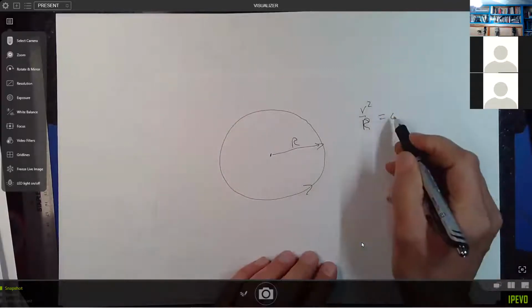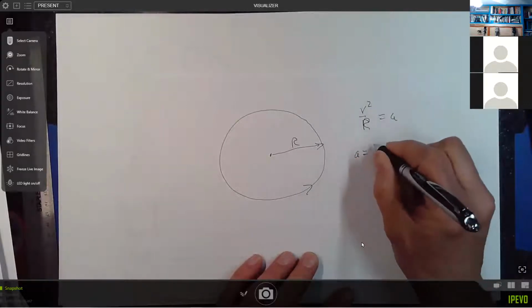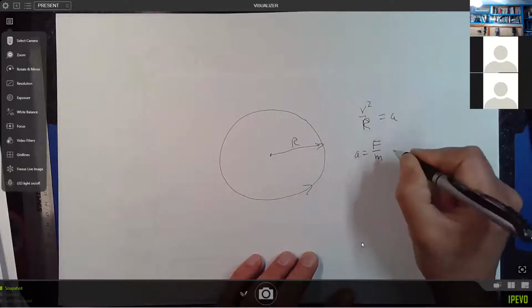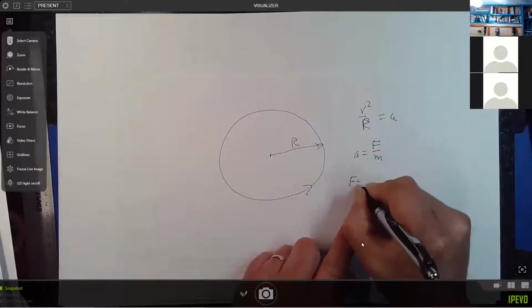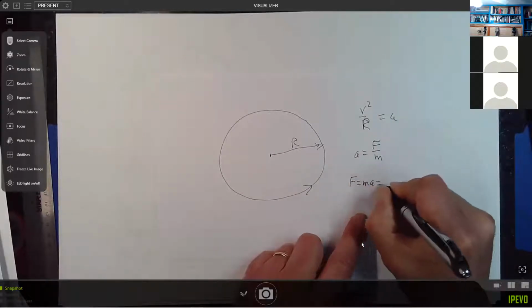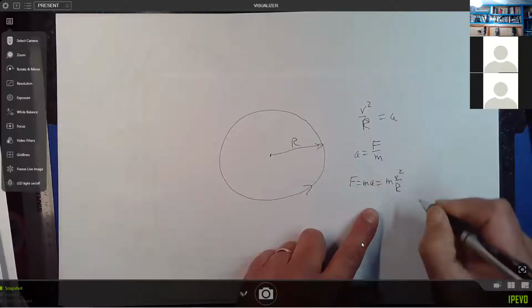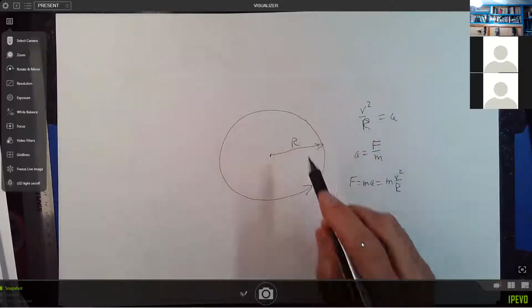In order to have that acceleration, the acceleration is going to equal the applied force on it divided by its mass. And so you will need a force, F equals ma, which in this case is mv squared over R. It will take a force to make something travel in a circle.